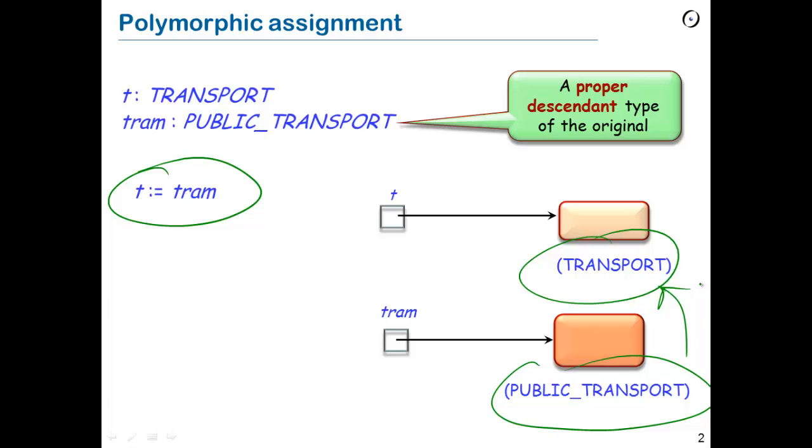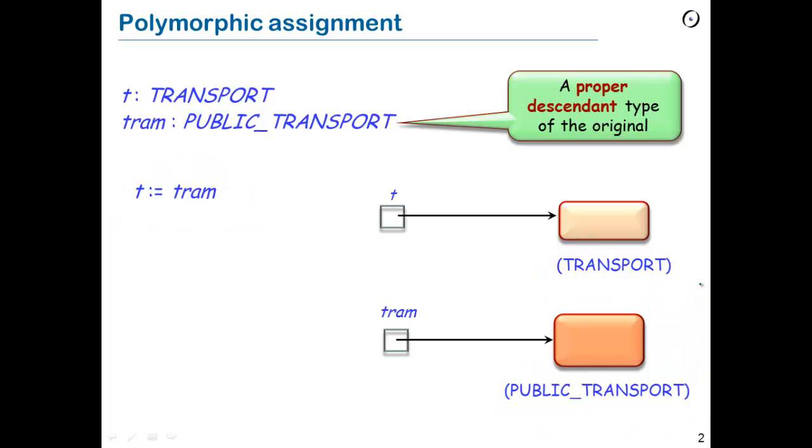So what does this do? Does any object change shape? Do we have a transport object such as the one shown at the top here, which suddenly metamorphoses into a public transport object? No. Actually, no object ever changes shape in this kind of assignment.